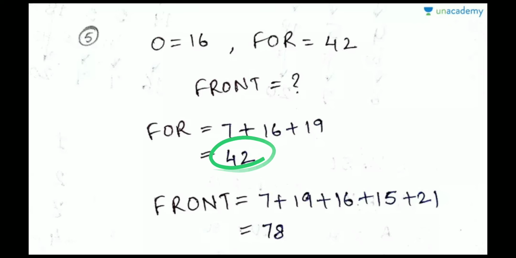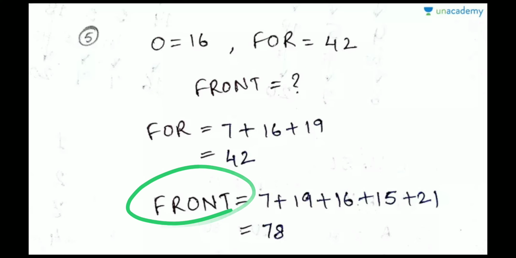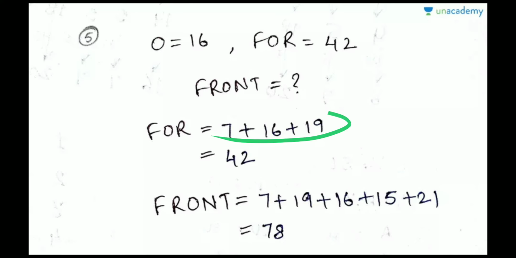This is the position of all these letters according to the coding pattern. Similarly, you will do this with the other word also. And how did I come to know that this will be the code? This will be the position of the respective letters. See here, in the question itself, it is given: O equals 16.